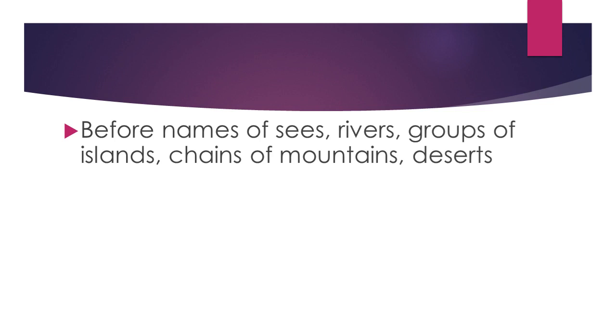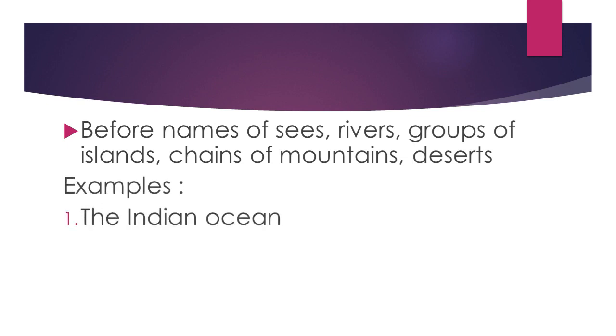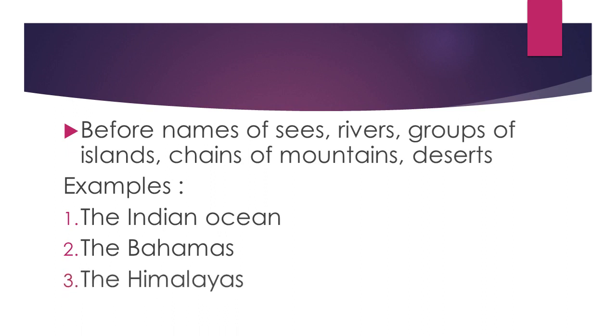Now, before names of seas, rivers, groups of islands, chains of mountains, deserts. For examples, the Indian Ocean, the Bahamas. So these are groups of islands, chains of mountains, deserts. For example, the Himalayas.